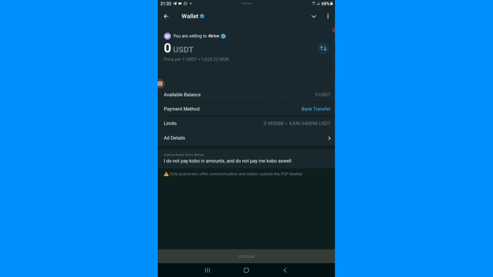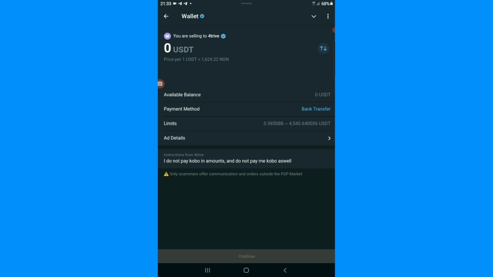Then the next thing is to enter my amount. I don't have more than 0 USDT. You see, it's showing my available balance. But if you have more than that, it's going to indicate it here.